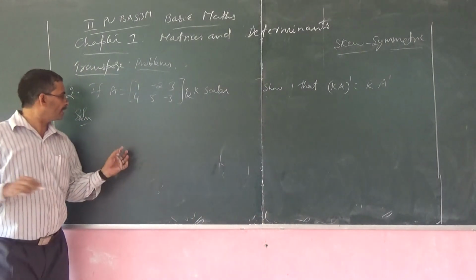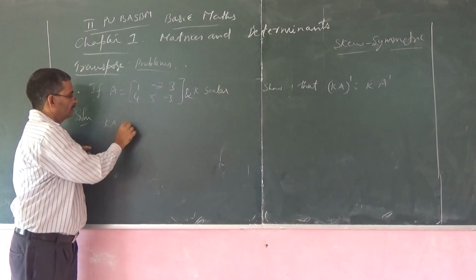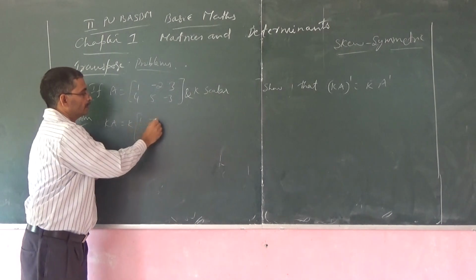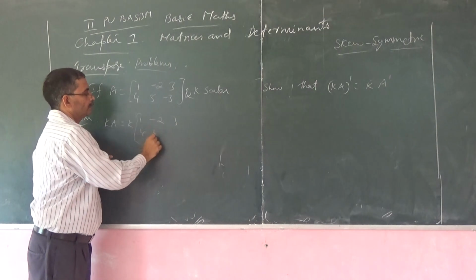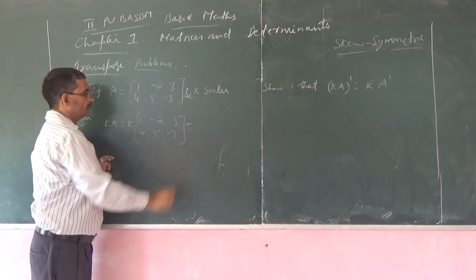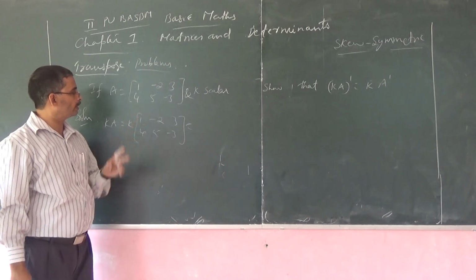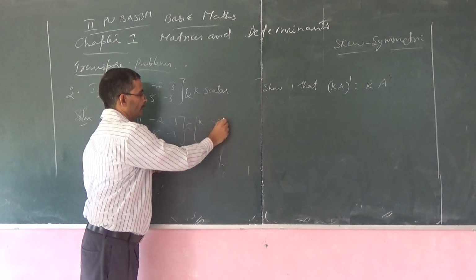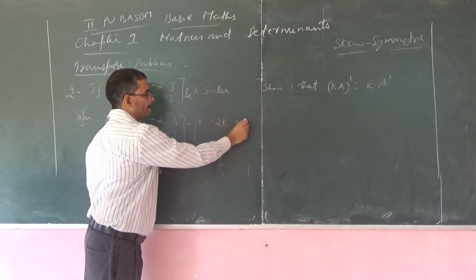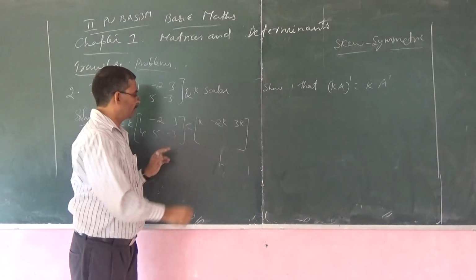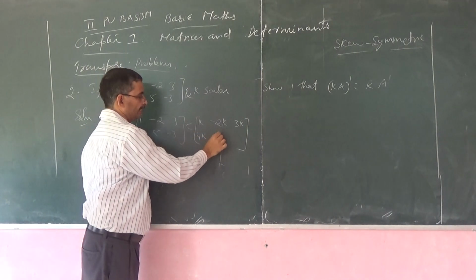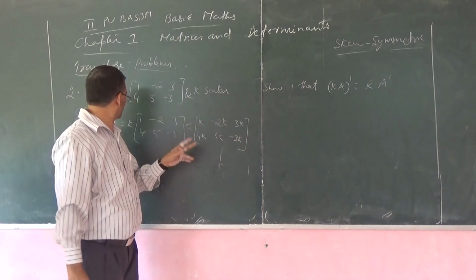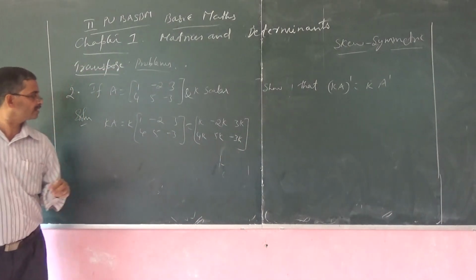Now Ka equal to K into A. So K into 1 is K, K into minus 2 is minus 2K, K into 3 is 3K, then 4K, 5K, minus 3K. So this is Ka.